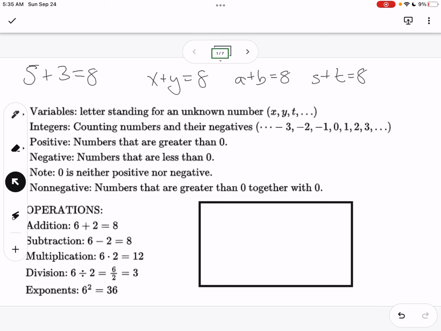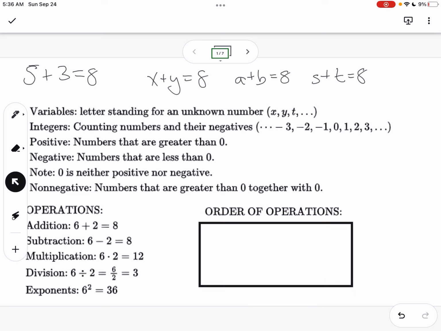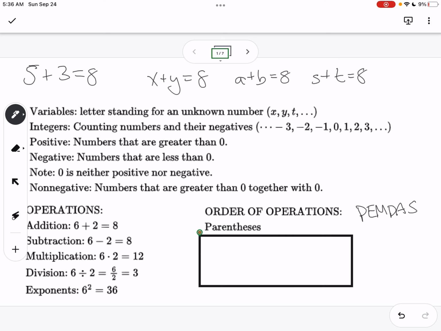With these operations, when we're trying to evaluate a string of numbers put together with operations, we need to know the order of operations. There are a couple different mnemonic devices. The most common one that I've heard of is PEMDAS, and that stands for parentheses, exponents, multiplication and division, addition and subtraction.